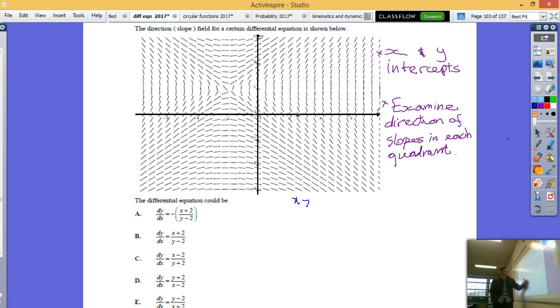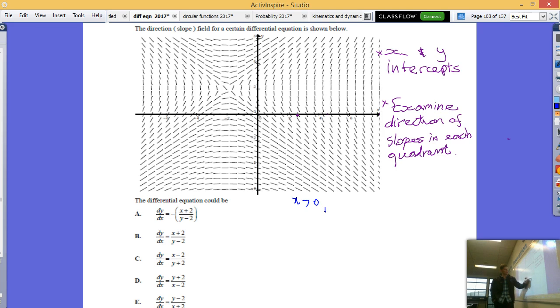When x is positive, okay, and y is 0, that is identifying this part, your positive x-axis. Does that make sense? Then what is dy dx looking like? They're all coming down this way. Can you see? That is negative, less than 0. Okay, so that's one property by examining the axes.